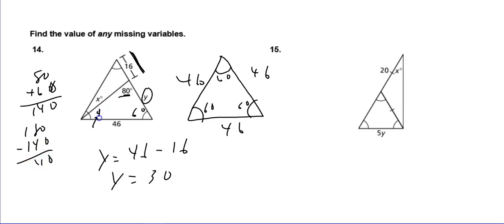So this angle here is 40. But remember, the whole thing is 60. So if part of it's 40, x is equal to 60 minus 40, so x is 20.